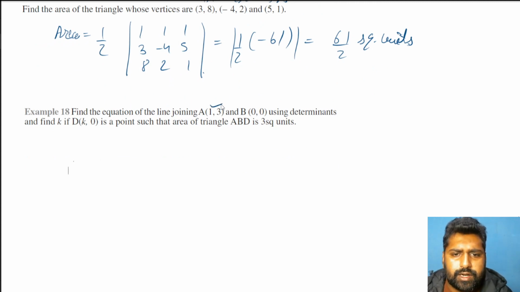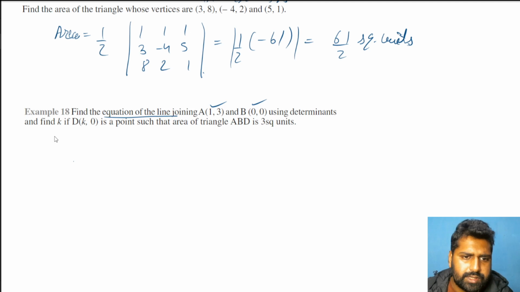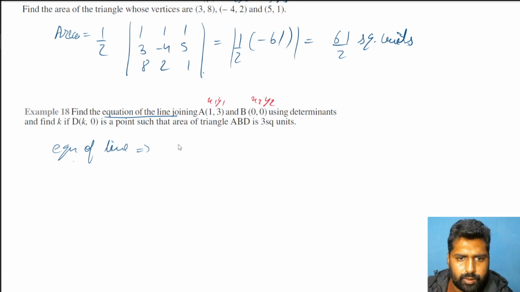The question says there are 2 points, and using the determinant you have to find the equation of the line first of all. So let's find that first. So the equation of line, with x1 y1 x2 y2, is the determinant 1 1 1.